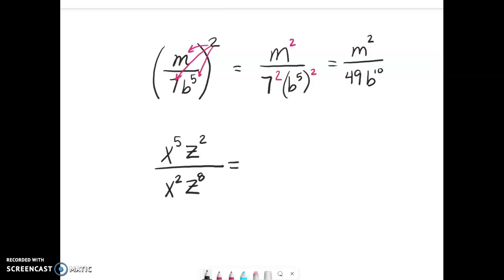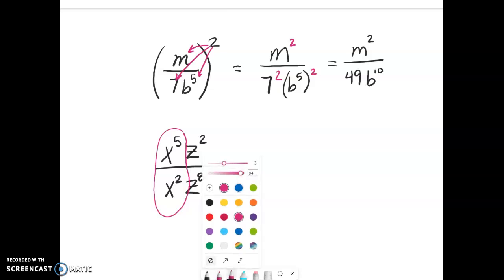And so when I see these type of problems, what I like to do is focus on, if we look at this, x to the 5th times z squared divided by x squared over z to the 8th. So with the multiplication of the 2 variables here, I can take a look at the x's and then I can take a look at the z's.